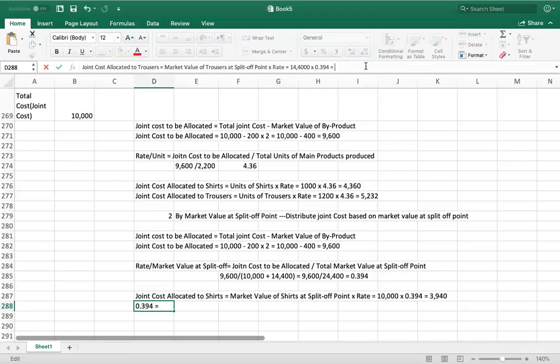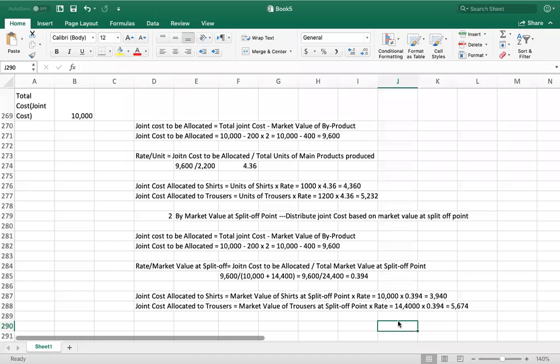So 14,400 multiplied by 0.394 will give you 5,674. So again, if you add these two values, this will give you the total cost allocated to trousers.